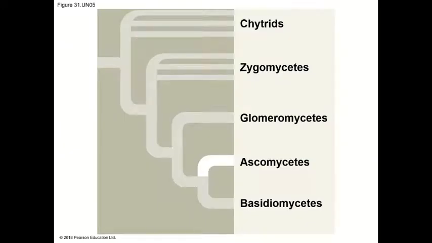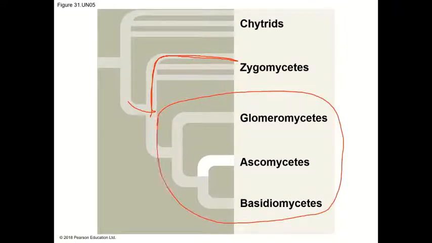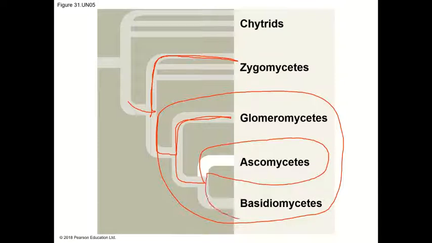Okay, so back to the phylogeny. We can see here that the zygomycetes parted ways from the rest of the fungi early on, followed by the glomeromycetes, and then the ascomycetes, which we just talked about, a sister taxon to the basidiomycetes, our common mushrooms.